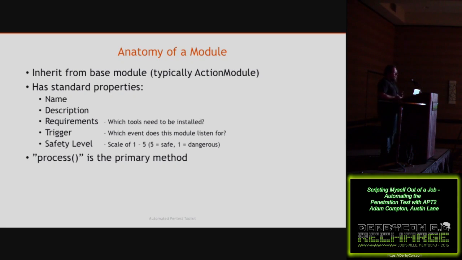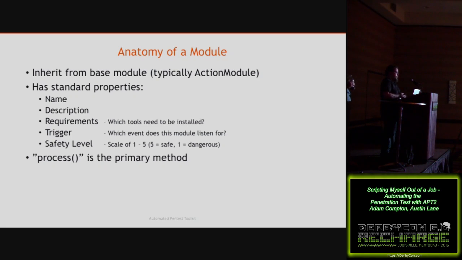The third and most important module, I think, is the action module. This is what each program that we'd like to run, any binary, any command, goes inside an action module, and it gets called upon from the events queue. It's got a few standard properties. Name and description are pretty self-evident.